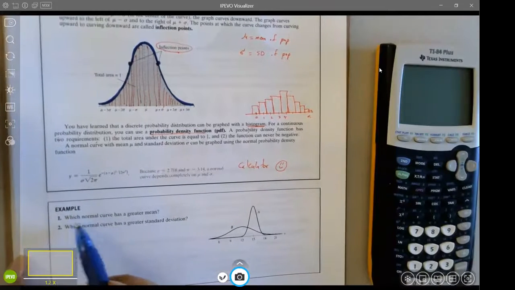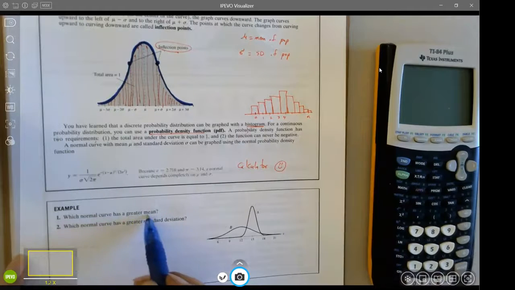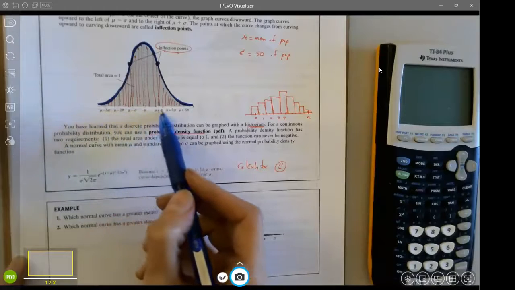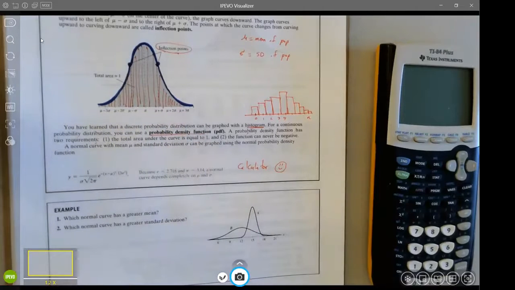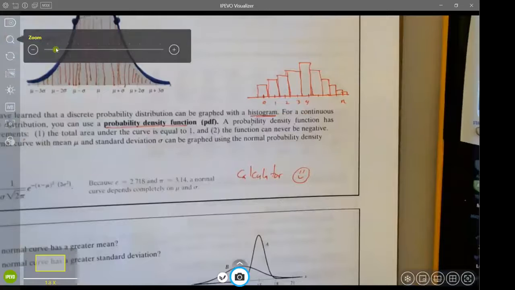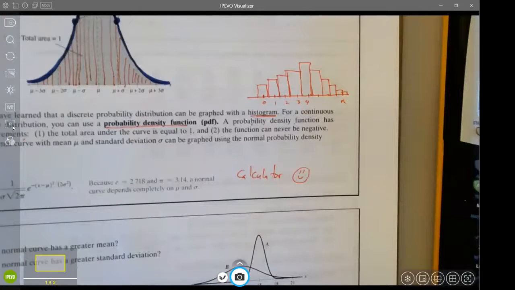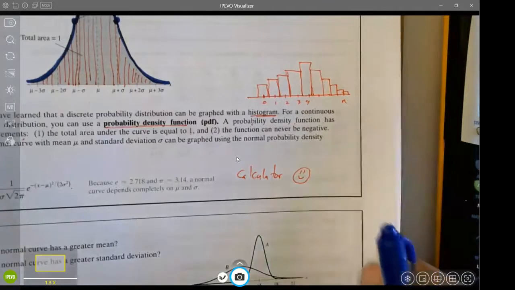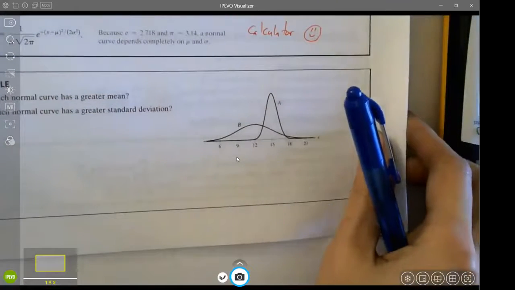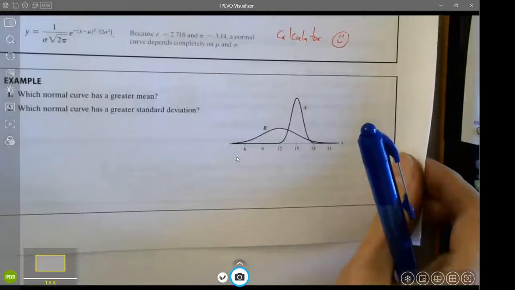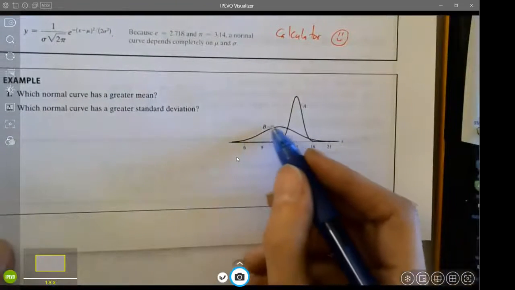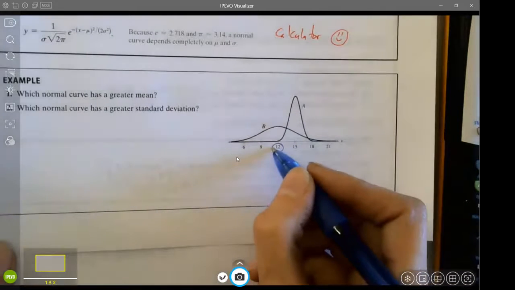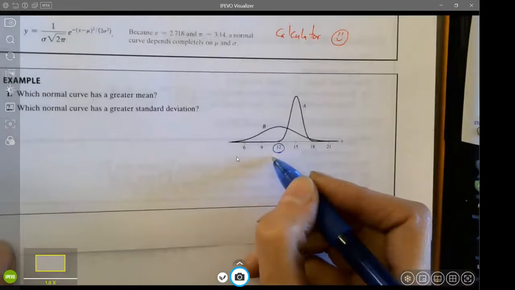Example. Which normal curve has a greater mean? Recall that mean is a number on the horizontal axis. Take a look at graph B. The mean of graph B, which is a number on the horizontal axis, is 12.